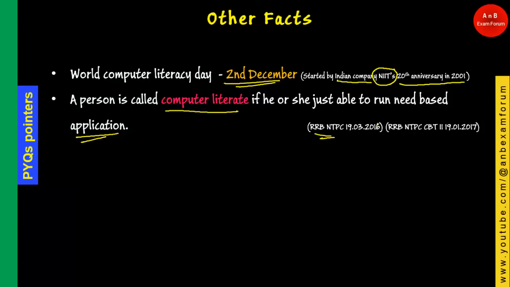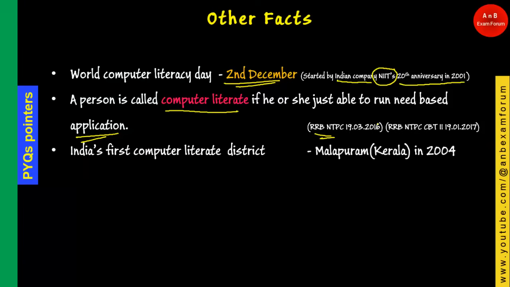If he is able to do the task as per the application, he is computer literate. And the first computer literate district is Mallapuram. Just remember, it is in Kerala, and it was declared in the year 2004. Just remember the name, Mallapuram.